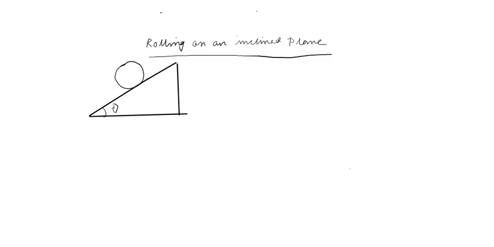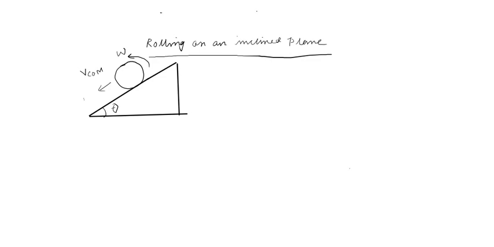As it rolls down, what will happen? The velocity of its center of mass will increase, as well as its angular velocity omega will also increase with time.